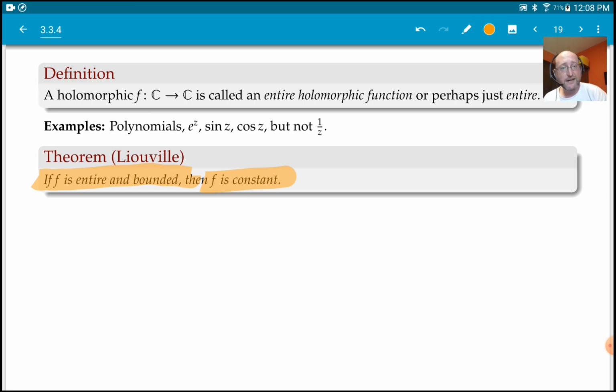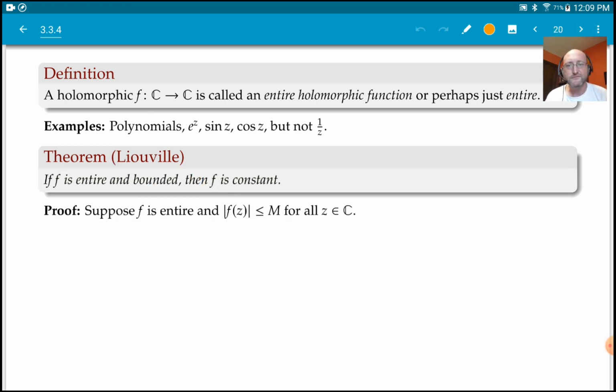So if it's entire and bounded, it must be constant. If it's not constant, it's either not entire or not bounded. All right, so let's prove it. It's really, really simple. Suppose f is entire and bounded, so suppose |f(z)| is less than or equal to some M for all z.